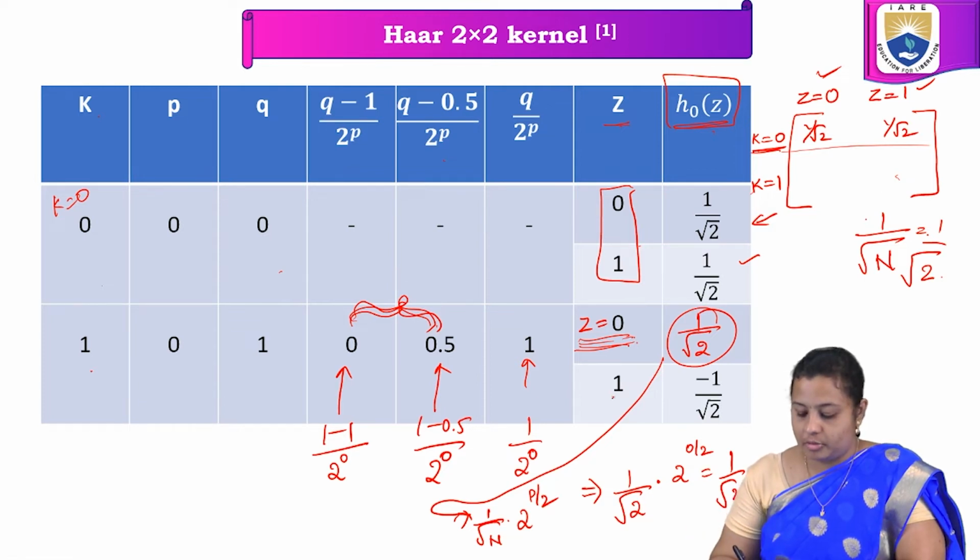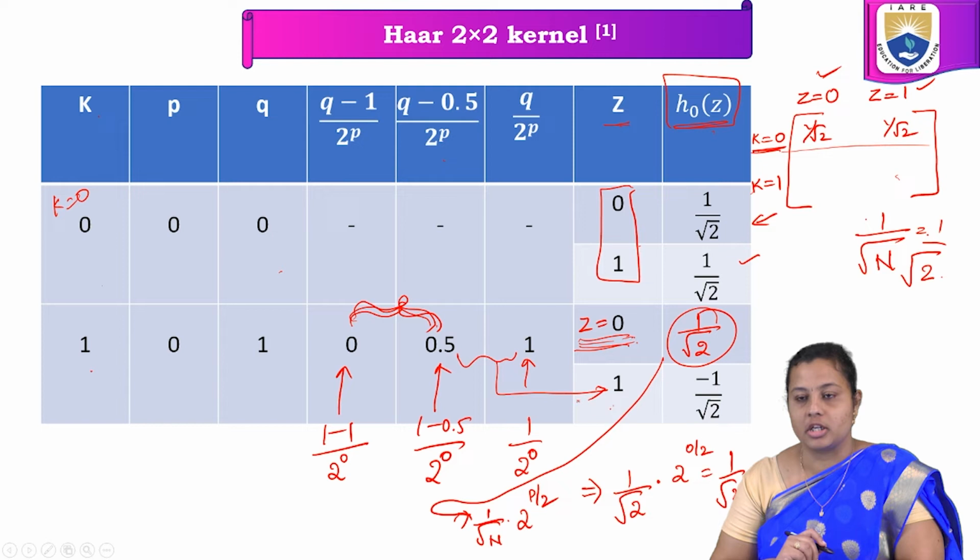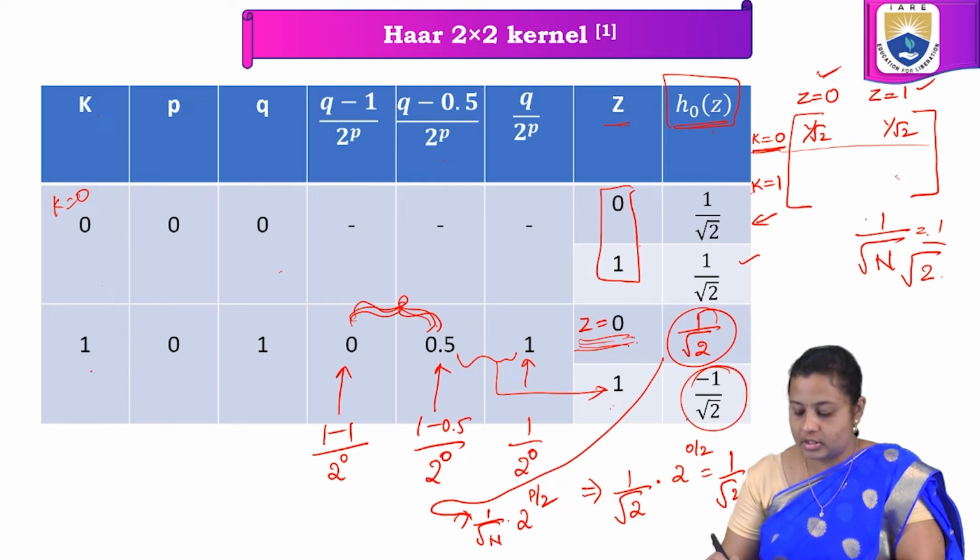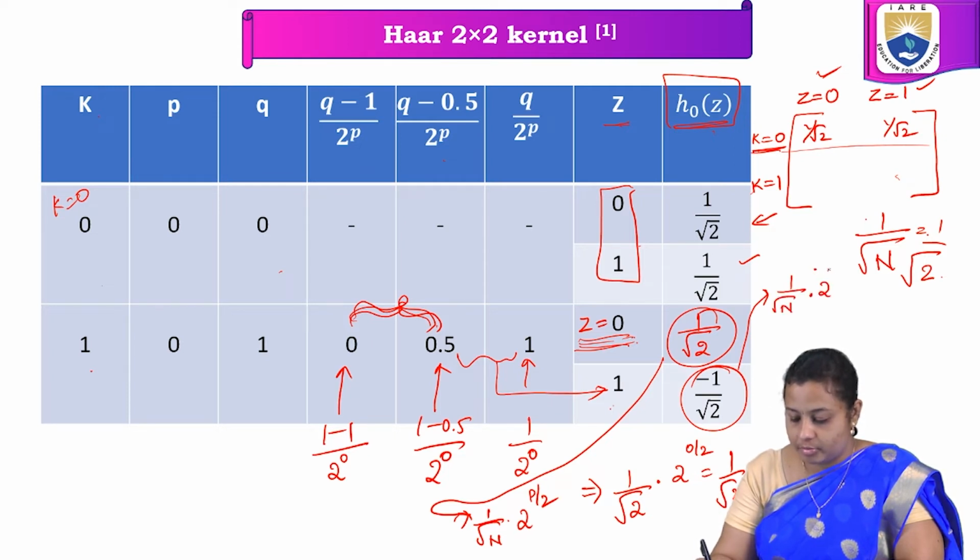Now, let's come to when z equal to 1. It is falling in this range, right? So, when z equal to 1, it is falling in this range. So, the coefficient value, how is this given? It is given by 1 by square root of n into 2 power p by 2, right? And the sign value is minus 1.